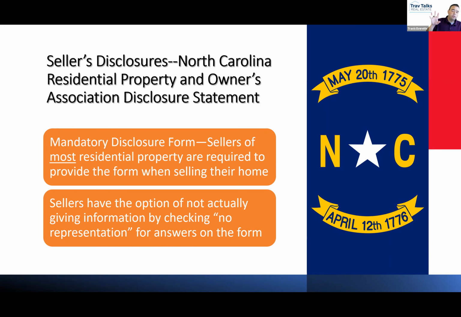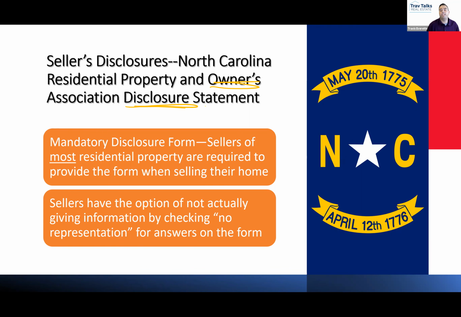When you take the test, you will see test questions about the North Carolina Residential Property and Owners Association disclosure law and disclosure statement. Listen, it's got a long name, but I want you to pay attention to something here. It says property owner disclosure.